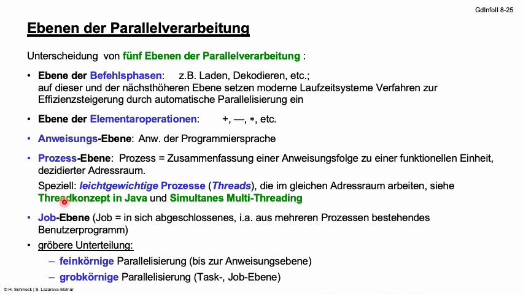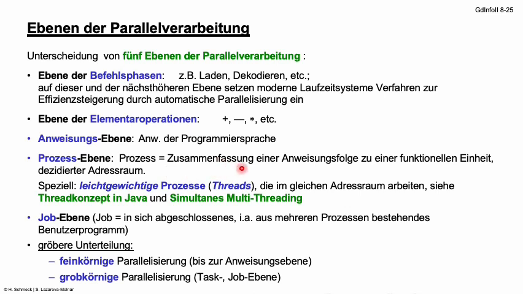So threading, like in Java, we have the thread concept, or simultaneous multi-threading, where basically a sequence of instructions forms this functional unit that is known as a process. And it also has its dedicated address space. And then different processes can be run at the same time.